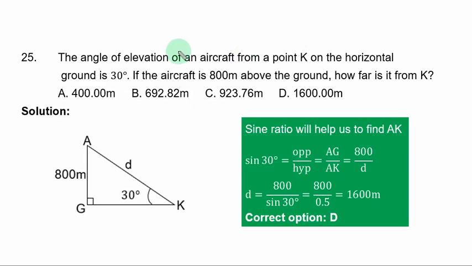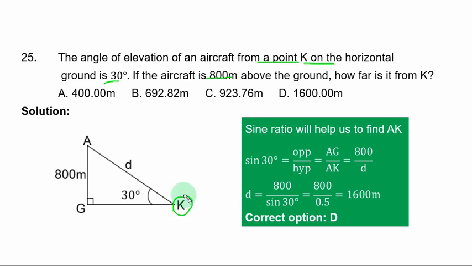Question 25. The angle of elevation of an aircraft from a point K on the horizontal ground is 30 degrees. If the aircraft is 800 meters from the ground, how far is it from K? So this is K on the ground level.